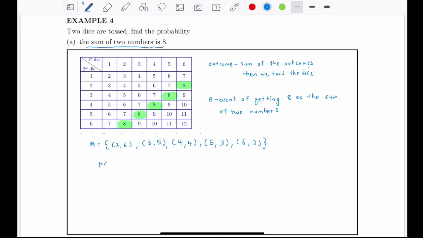So probability of getting 8 as the sum of two numbers is 1, 2, 3, 4, 5 over the number of sample space. So altogether we have 36 sums. So 5 over 36. This cannot be simplified, so our answer is 5 over 36.